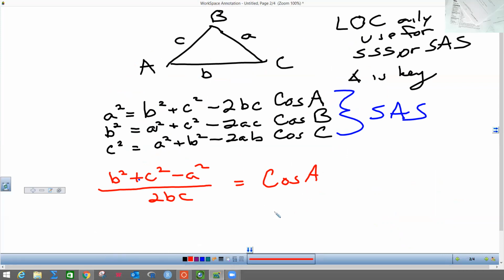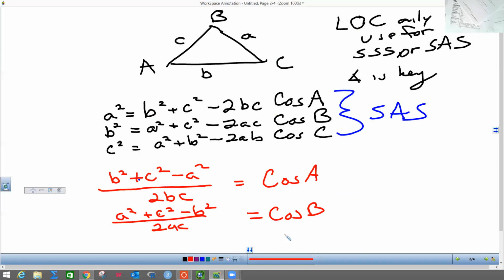So now the rest of them are the same method. Cosine, if you're dealing with angle B, if you're given 3 sides and you want to find angle B first, you're going to have a squared plus c squared minus b squared all over 2ac.